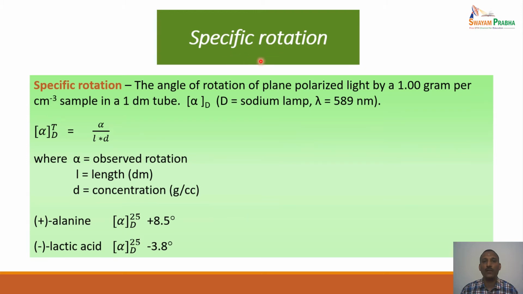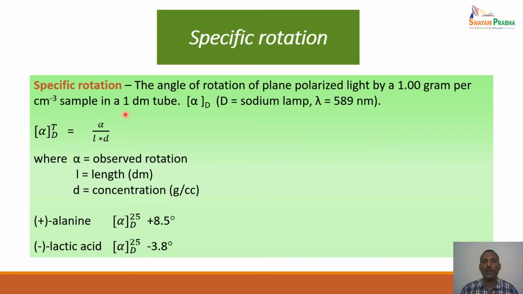So we may not have an accurate value of reporting what is the optical rotation of a particular substance, because optical rotation basically depends on the concentration of the solution, the wavelength of the light used.